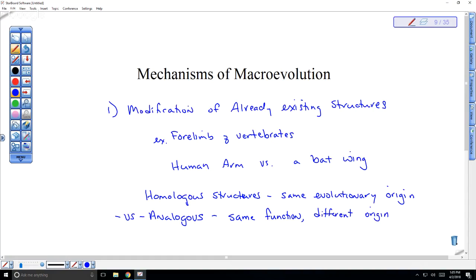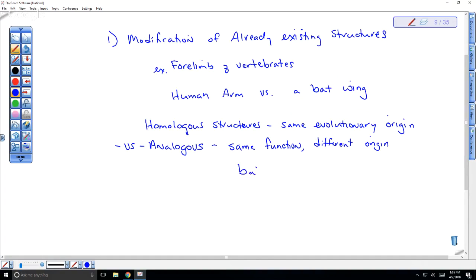Butterflies still have 6 walking legs. And so their wings are derived from the exoskeleton, and it's kind of an outgrowth of the exoskeleton on the back of their body. So an example would be a bat wing and a butterfly wing. They would be analogous because they're both used for flight, but they are not homologous. They have a different evolutionary origin.